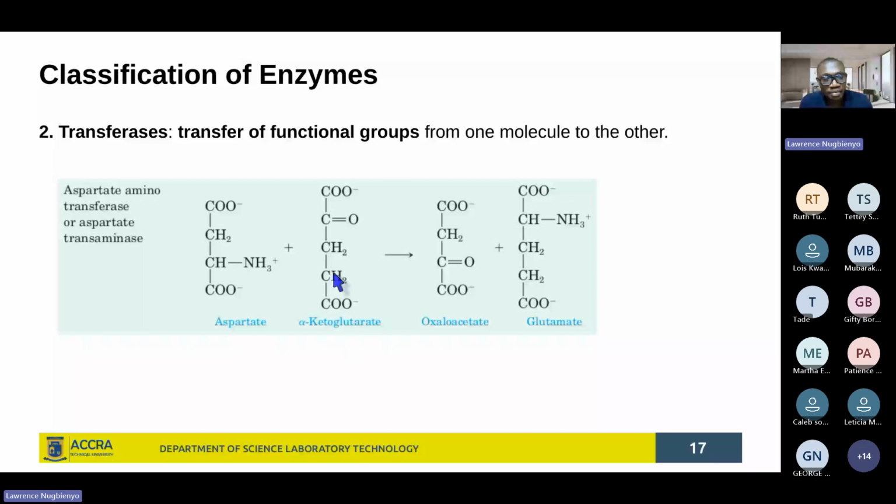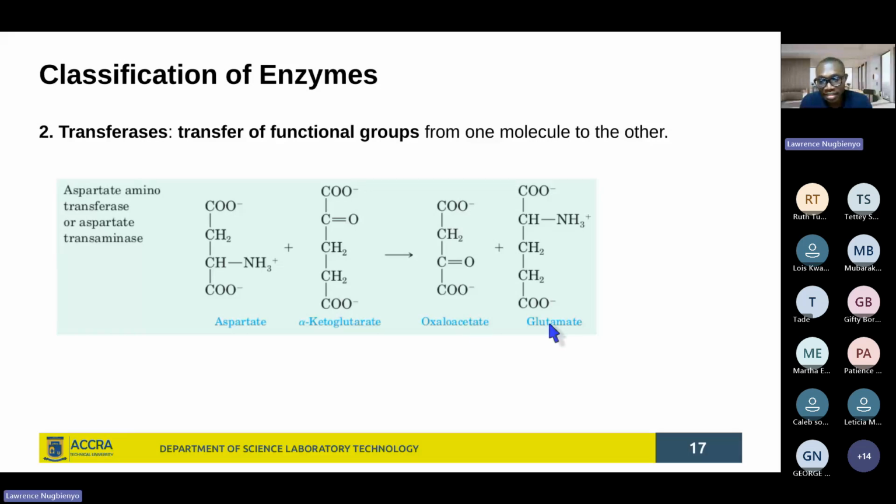You realize that in place of the amine group in aspartic acid, you now have this C double bond O coming to replace it, and it forms oxaloacetate.